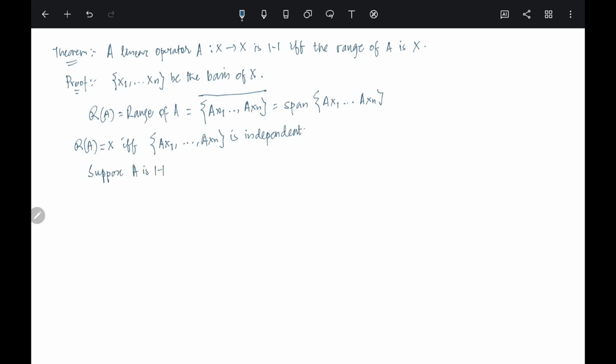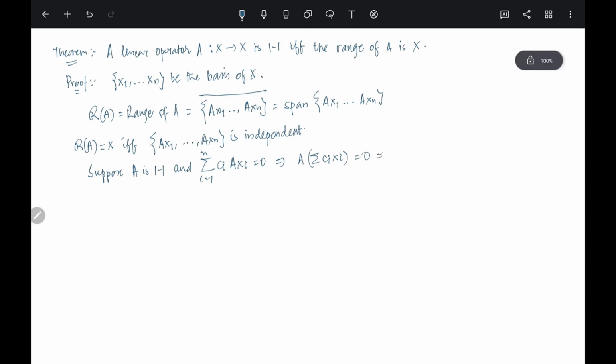If that is the case, let's say that the summation of Ci Axi, i equals 1 to n, is 0. I am assuming this in order to show independence. Then that implies A of summation Ci xi is 0, because of the linearity.